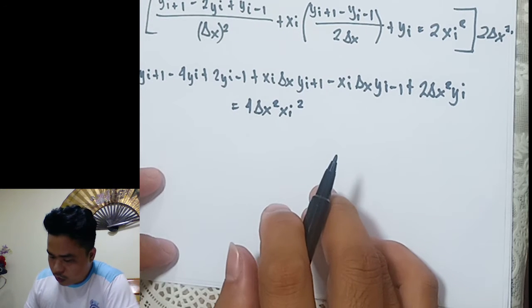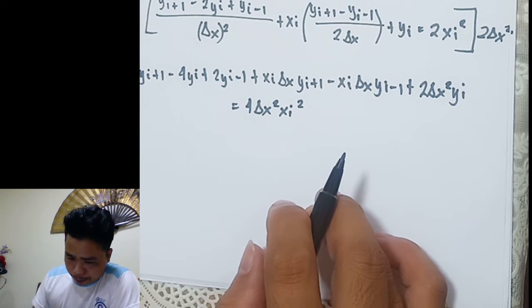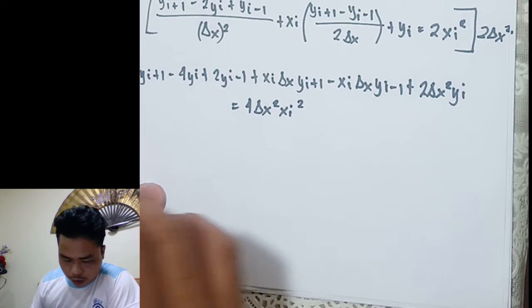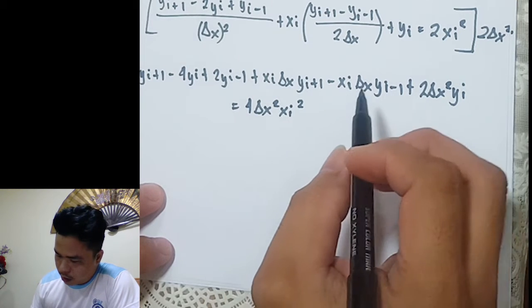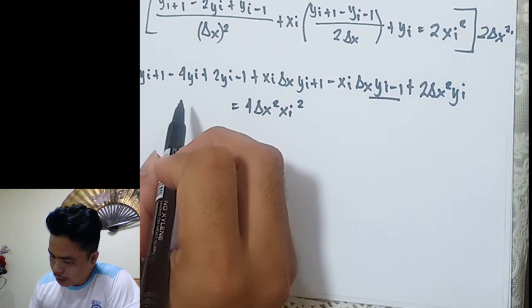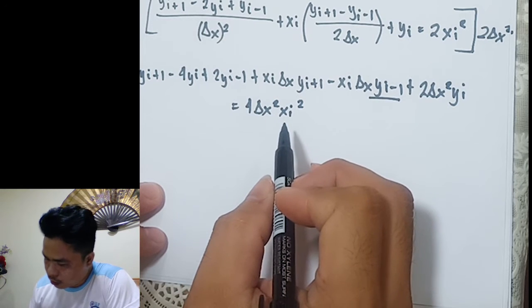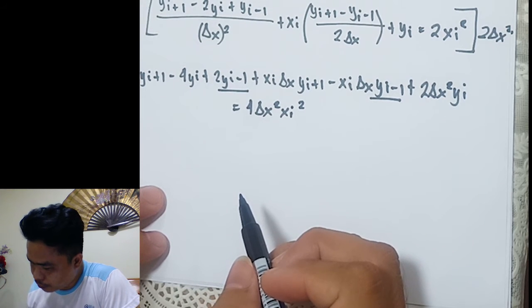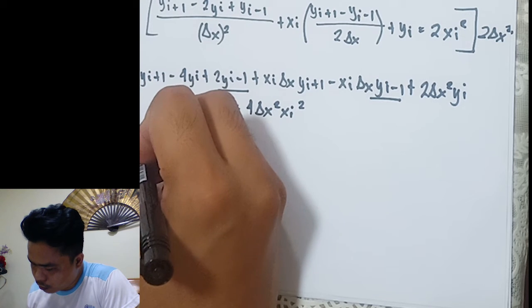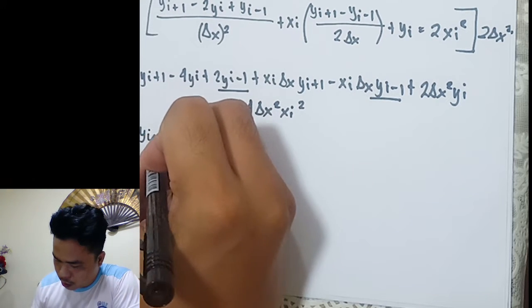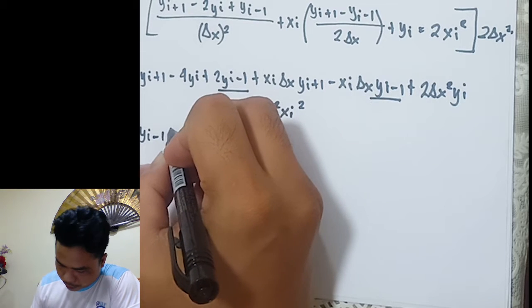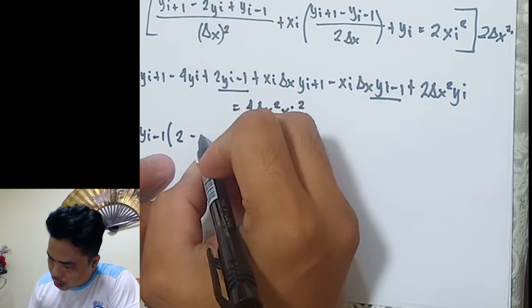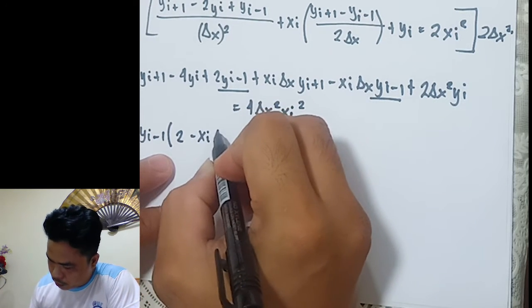So next we collect like terms. For the term of y(i-1), the coefficient is 2 minus xi delta x.